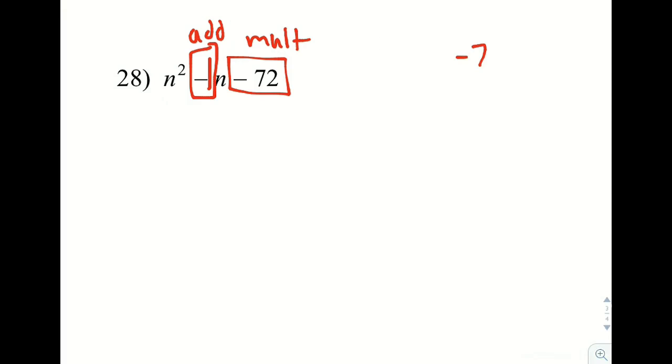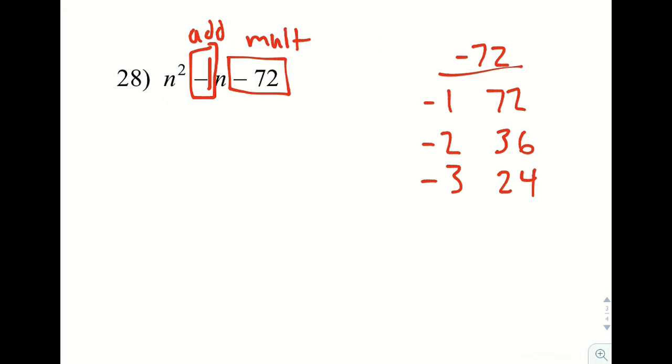So negative 72. We've got negative 1 and 72. You've got negative 2. And if you divide that out, you get 36. Negative 3 and 24. Again, if you're wondering how I get these numbers so fast, you can use a calculator to divide them or use various mental math tricks that will help you do it faster.